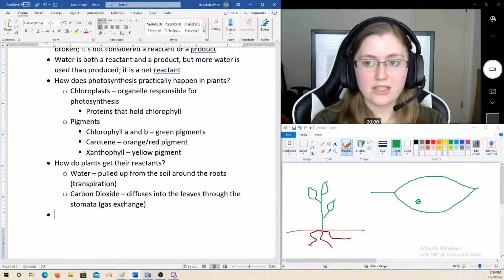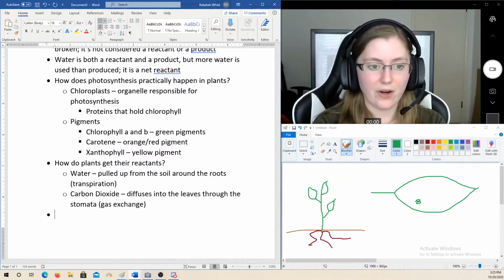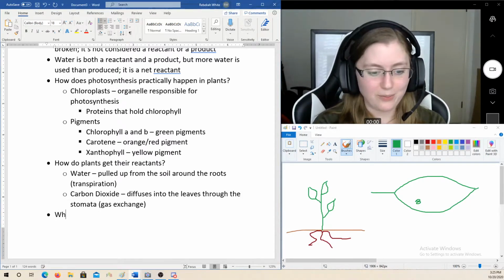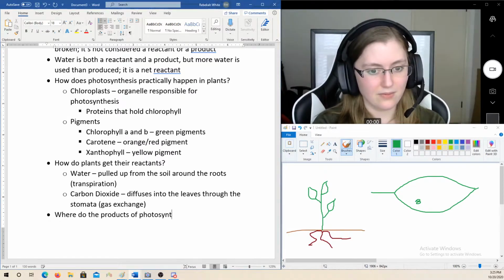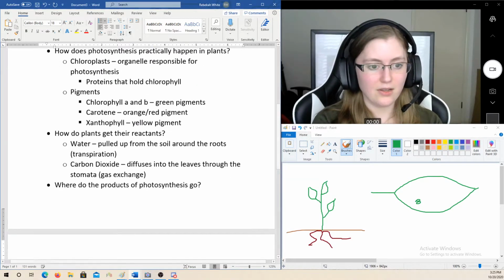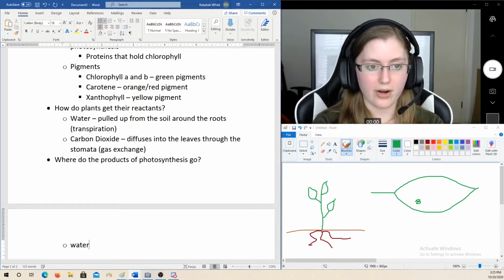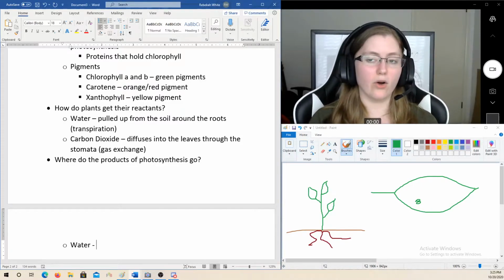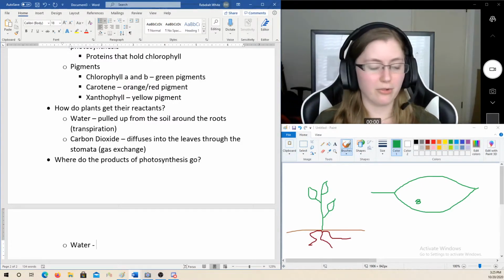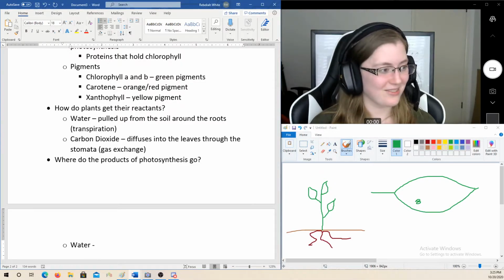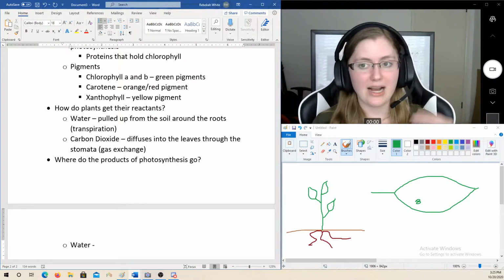So the next question, after we know how they get their reactants, would be, where do the products go? So we know that water is also one of our products, right? So where does the water go once we use it, once it gets pulled up through the roots? Because it's both a reactant and a product.